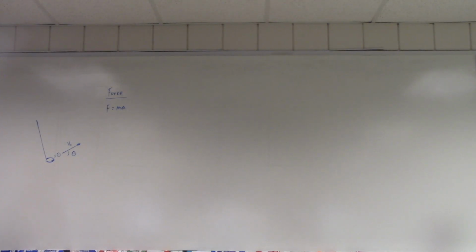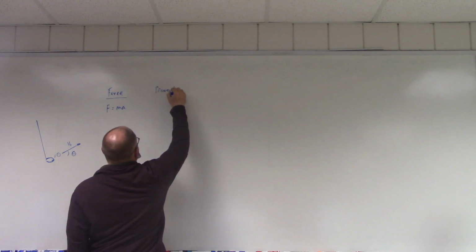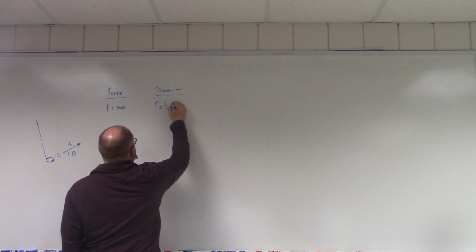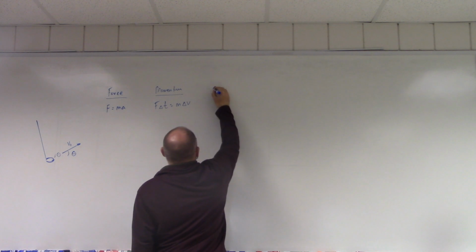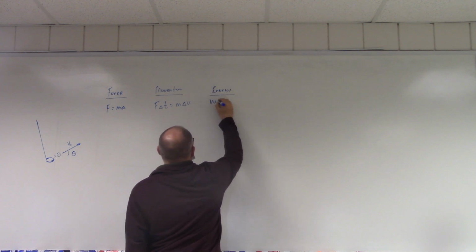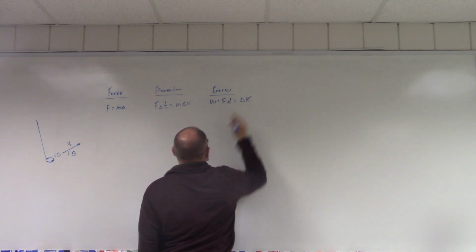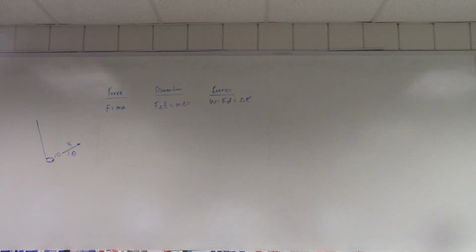In a momentum context, force times the time is equal to the mass times the change in velocity. In an energy context, the work is equal to the force times the distance, which is equal to the change in the kinetic energy. So given these three contexts of force, which do you think is appropriate to answer it here?